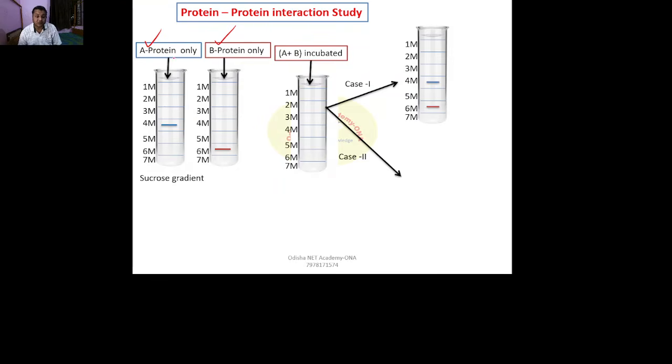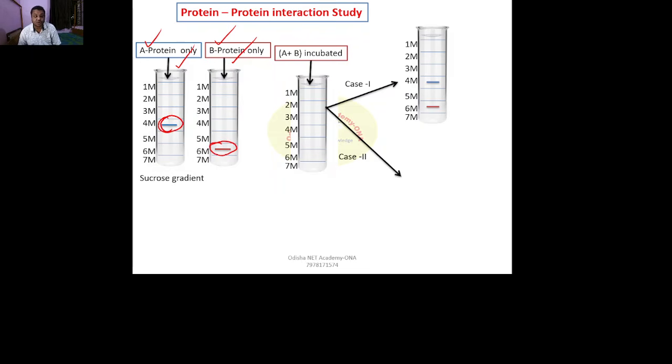Then for reference, as you don't know the density of protein A or protein B, run only protein A solution, run only protein B solution, and you come to know that protein A's density is similar to the 4 molar sucrose solution, and protein B's density is similar to the 6 molar sucrose solution.